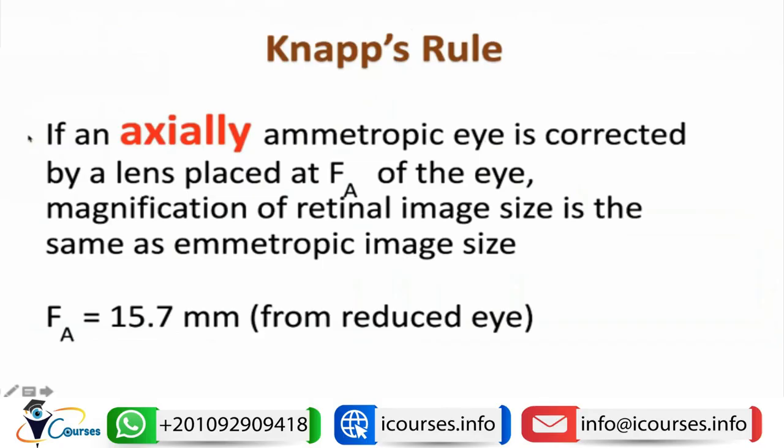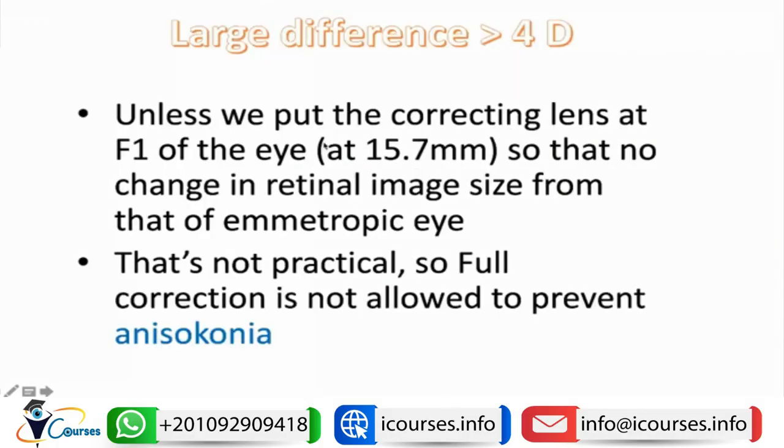But practically speaking, this doesn't occur because we don't place the glasses at the anterior focal point. So we don't put the correcting lens at F1, the anterior focal point at 15.7 millimeters, but it is placed on the spectacle plane at 13 millimeters.